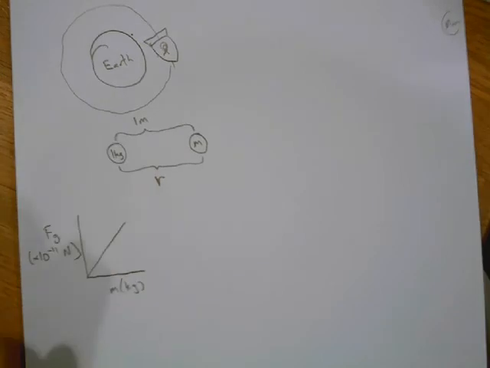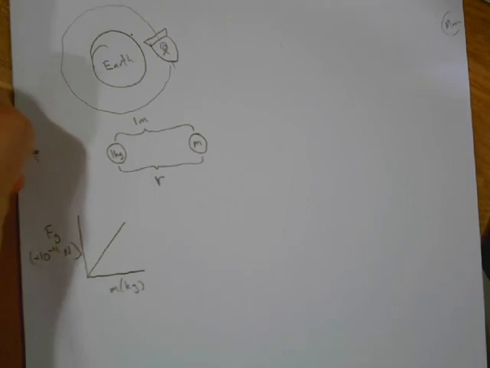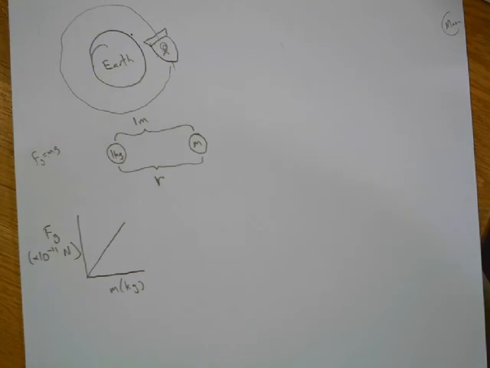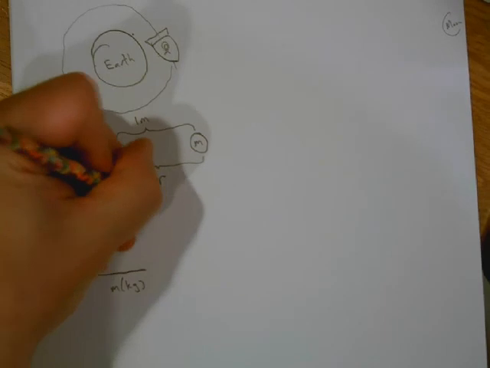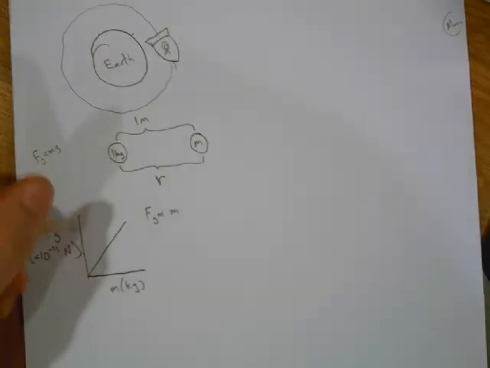When you graphed it, you should have gotten a line, which you already knew, because if you remember, on the surface you just said Fg equals mg. So m affects Fg. Duh. But I do want you to see that this is still true. You should have seen that Fg is proportional to m.